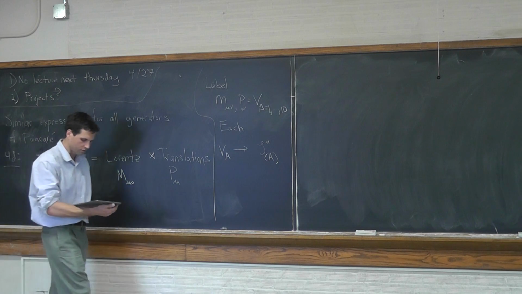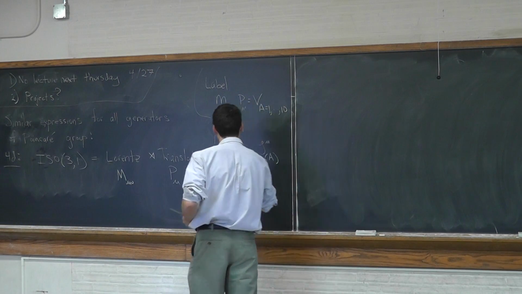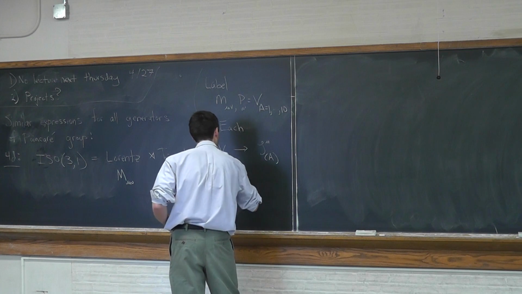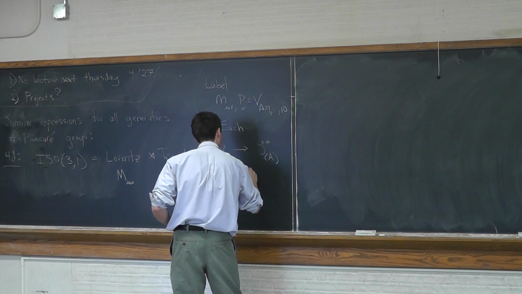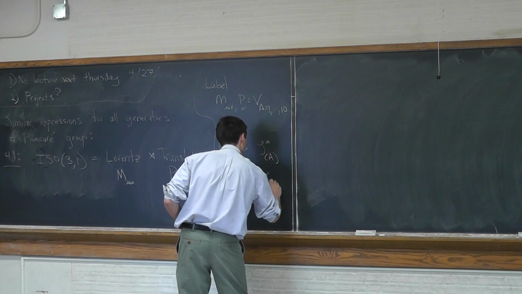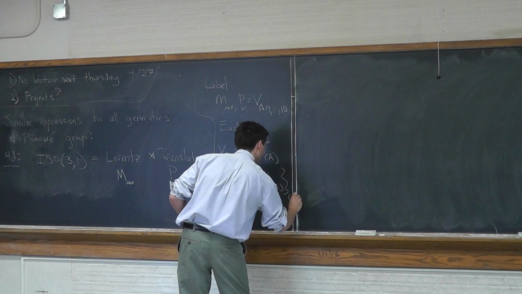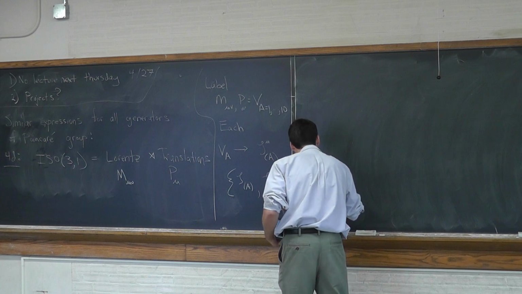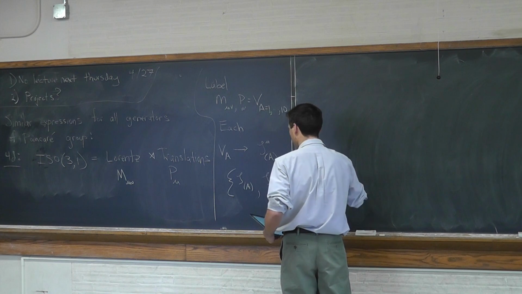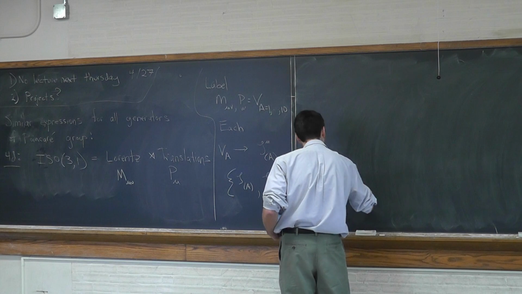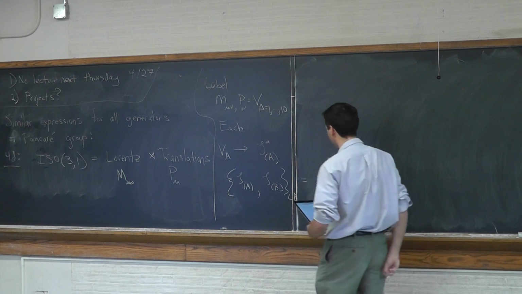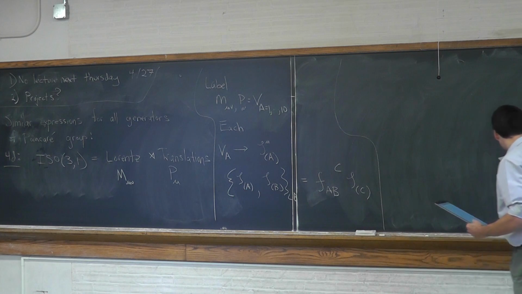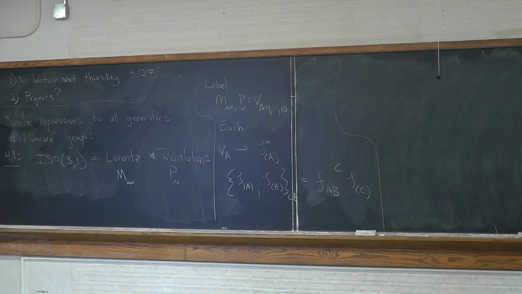So there's 10 of these vector fields, which under Lie brackets, zeta_A, zeta_B, is given by the structure, given by the Poincare Lie algebra, f_AB^C zeta_C. So these give you a representation of Poincare.